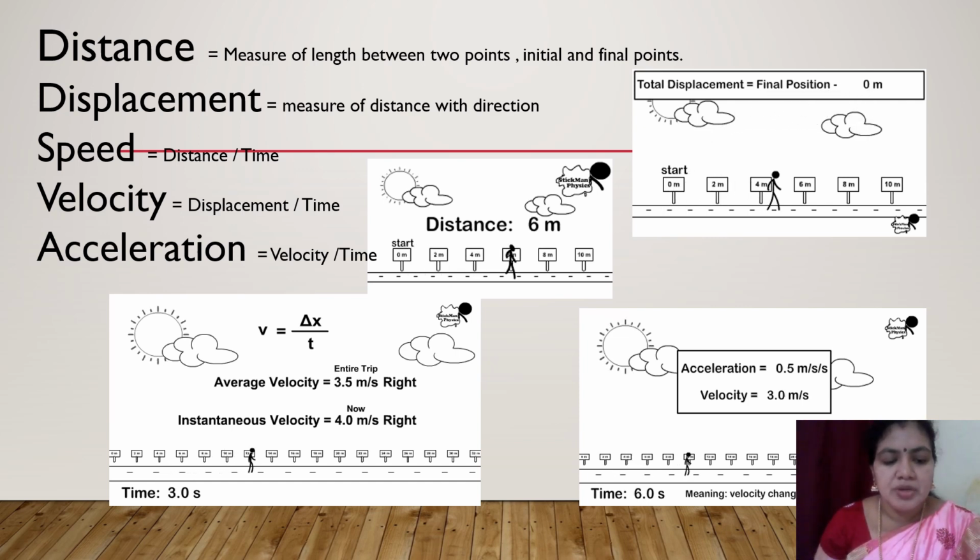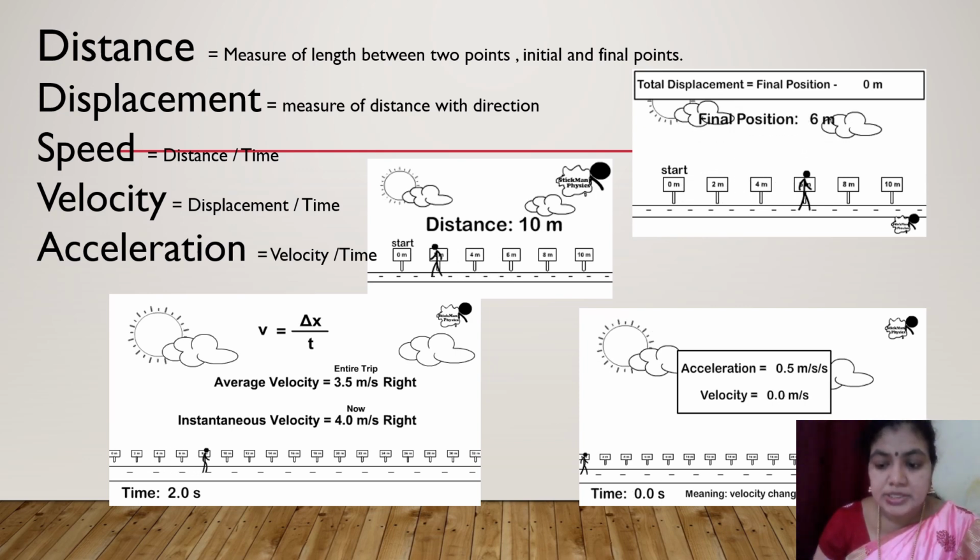The animation shows the boy starting from 0 seconds. He walks up to 4 meter in 1 second, then another 4 meter in 2 seconds. So we will be able to measure the total distance and the time, and distance by time gives the speed. If I am able to give the direction also, it becomes the displacement.